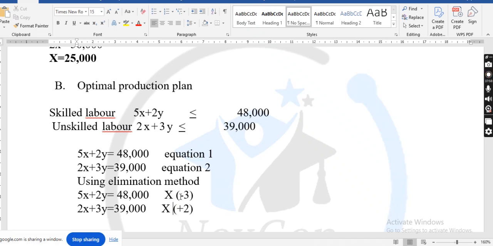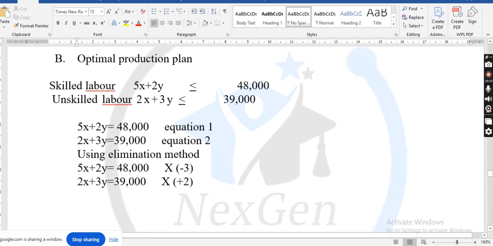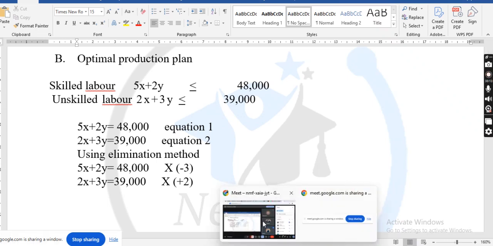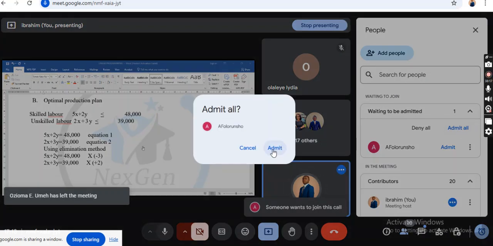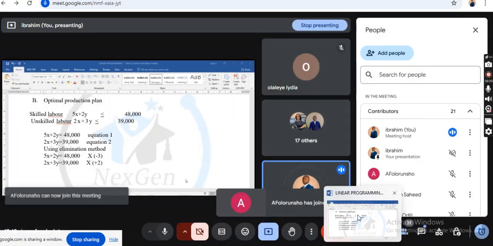So therefore, class, you will multiply minus 3 times the first equation. Then you will multiply 2 to the second equation. Class, you will multiply minus 3 times the first equation.